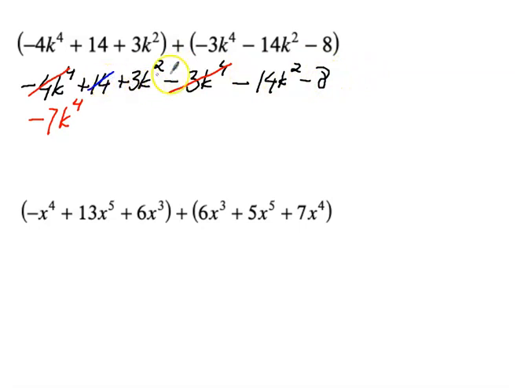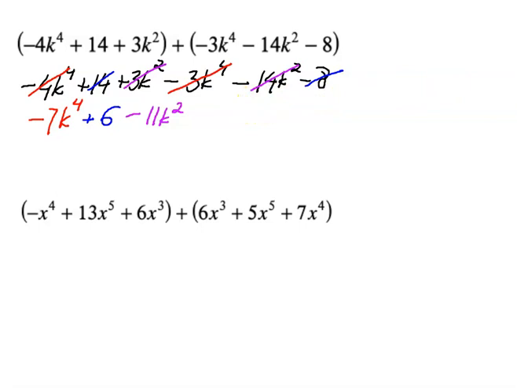So now we have 14 minus 8, which is positive 6. Okay, and then the next term is 3k squared, and we see here is negative 14k squared, which is negative 11k squared.